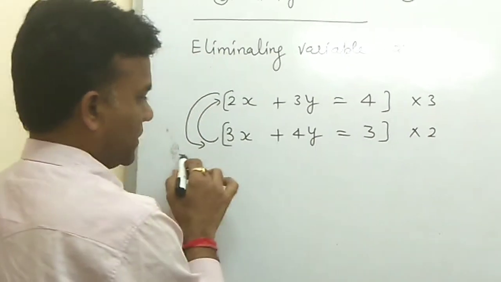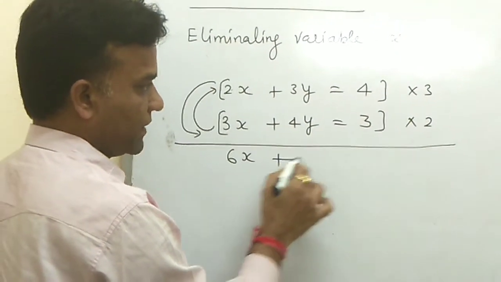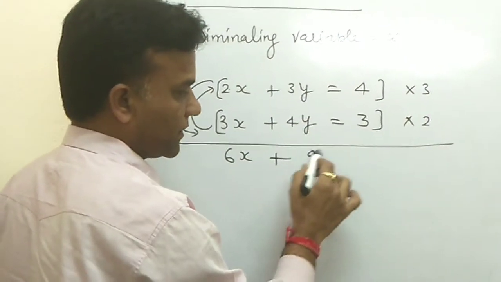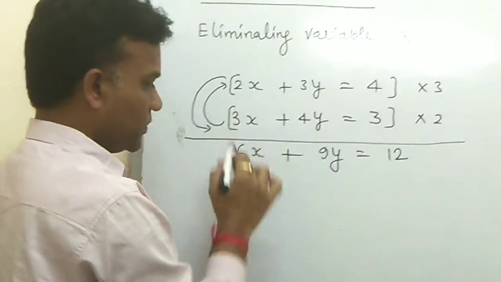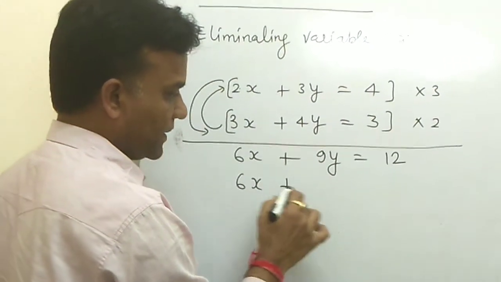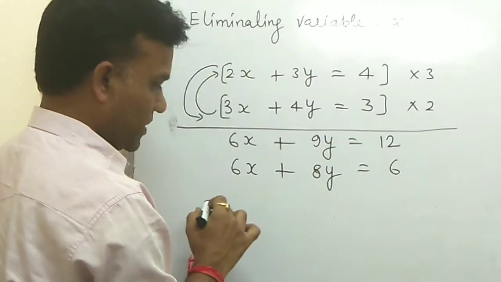Now it is very easy: 3 times 2 is 6x, 3 times 3 is 9y, 3 times 4 is 12. Similarly, 2 times 3 is 6x, 2 times 4 is 8y, and 2 times 3 is 6.